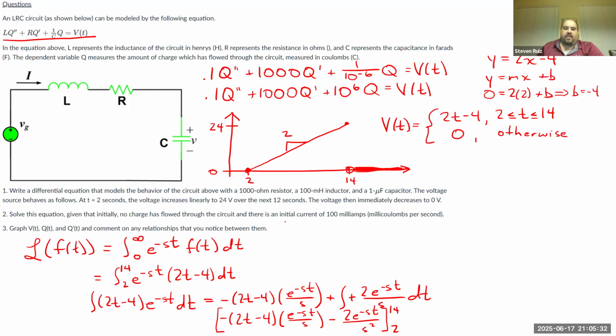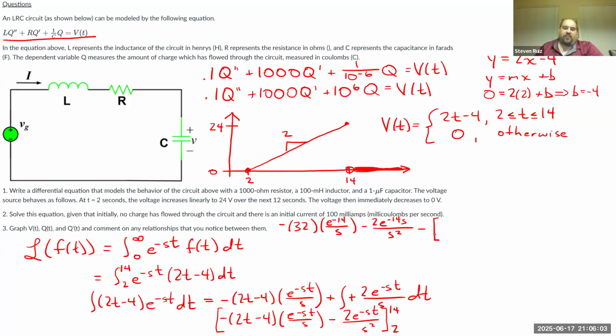So negative 2 times 14, so negative 28 minus 4, so minus 32, times e to the negative 14 over s, minus 2e to the negative 14s over s squared, minus whatever happens when I plug in 2.